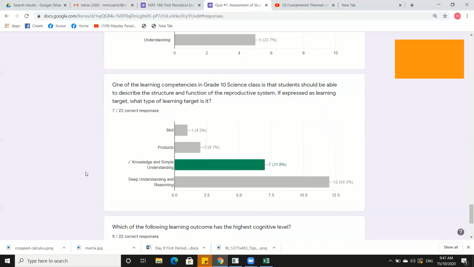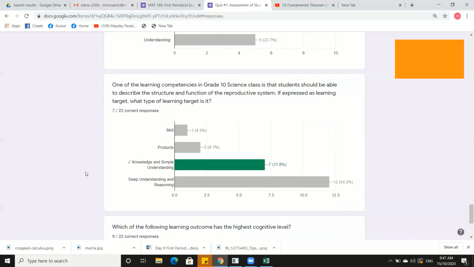So let's try to look at the options. Skill, there's no skill involved here. It's more of a knowledge. Products, there's no product involved also. Deep understanding and reasoning.